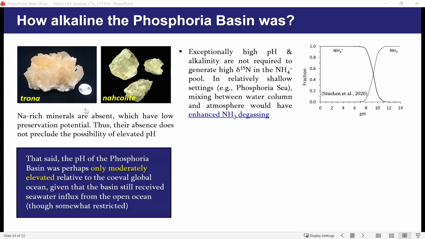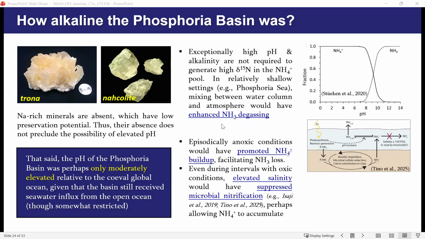Importantly, exceptionally high pH and alkalinity are not required to generate high delta 15N in the ammonia pool. In relatively shallow settings, such as the Phosphoria Sea, mixing between the water column and atmosphere would have enhanced ammonia degassing. In addition, episodic anoxic conditions would have promoted ammonium buildup, facilitating ammonia loss.